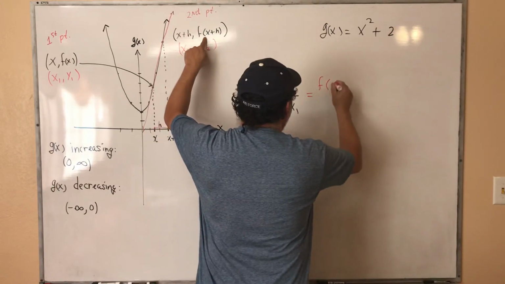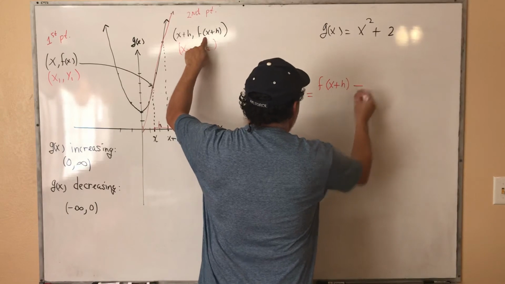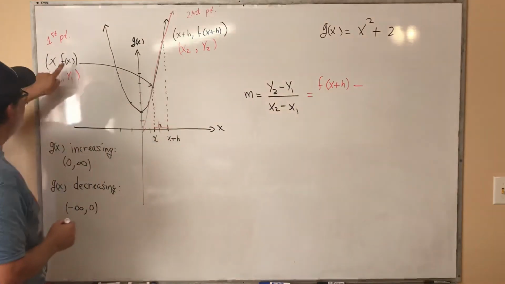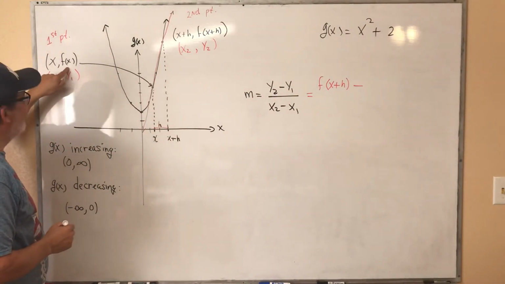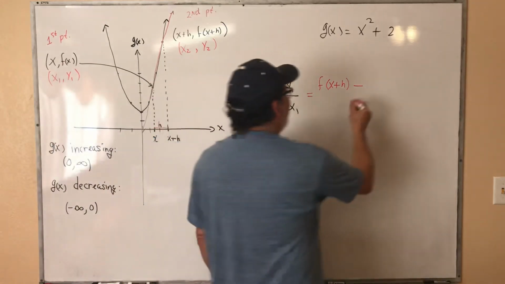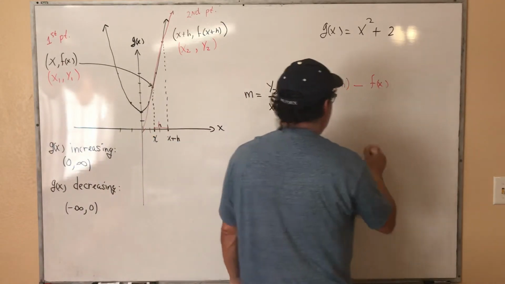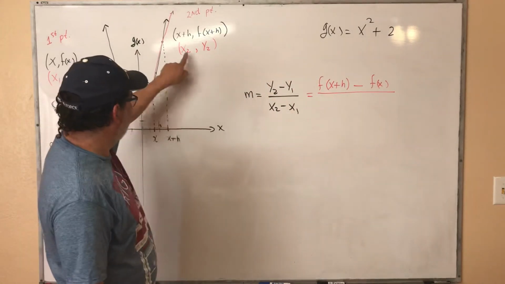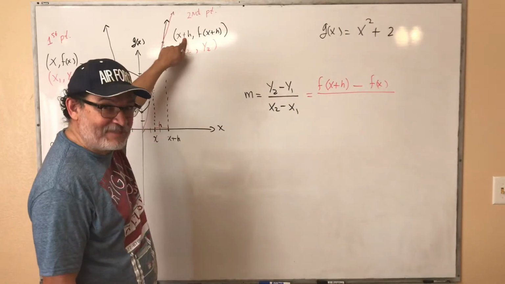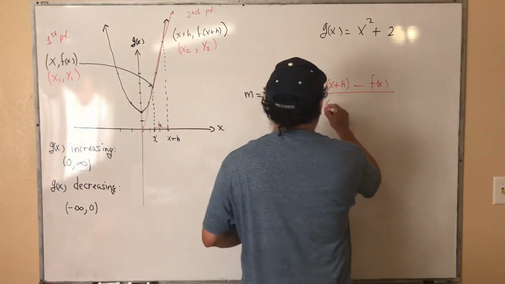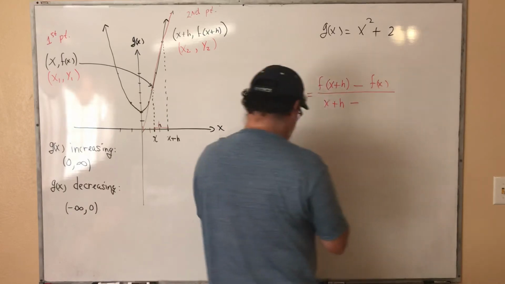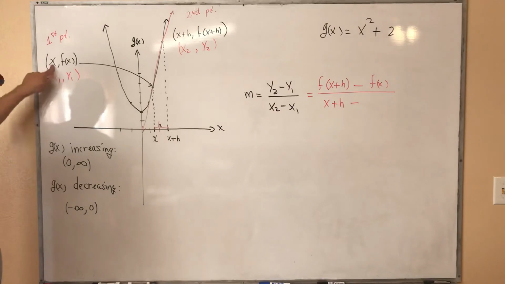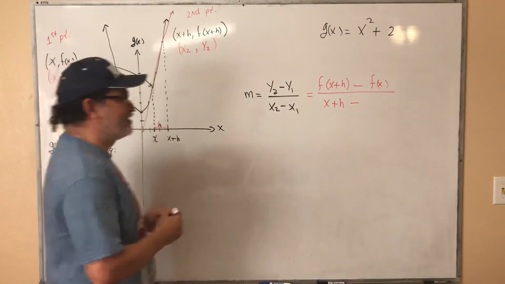F of x plus h, minus y1. y1, right there, f of x. Divided by x2. What's x2? There! X plus h. Minus, what's x1? x1, there!